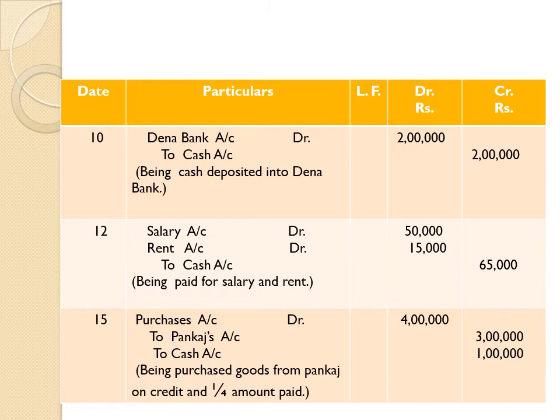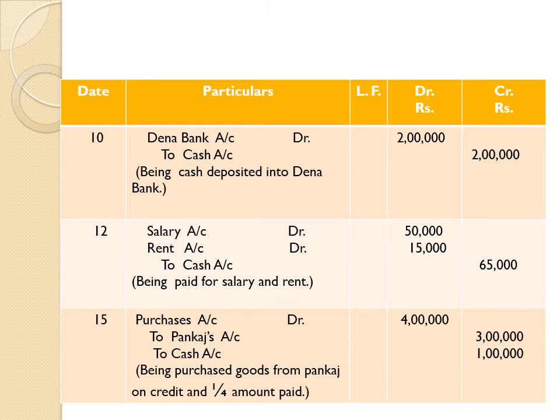It should be specific, clear, simple, and mentioned in minimum words. There is no fixation about writing narration. It is called narration. Narration may vary, but that should bring the message about the transaction that happened.